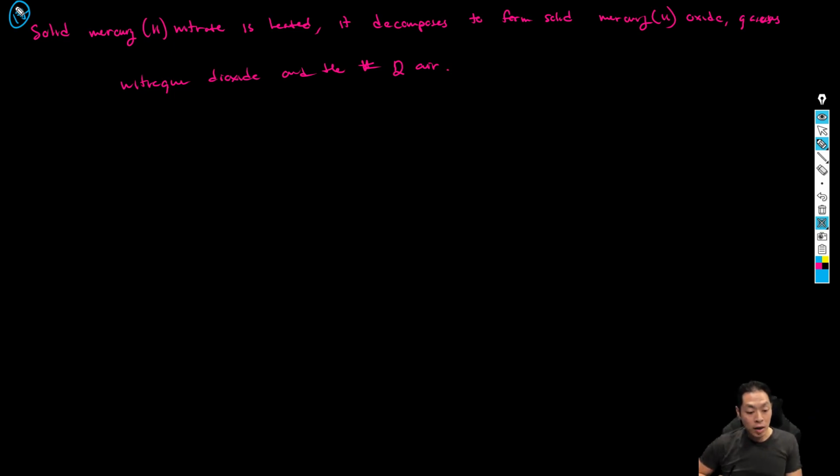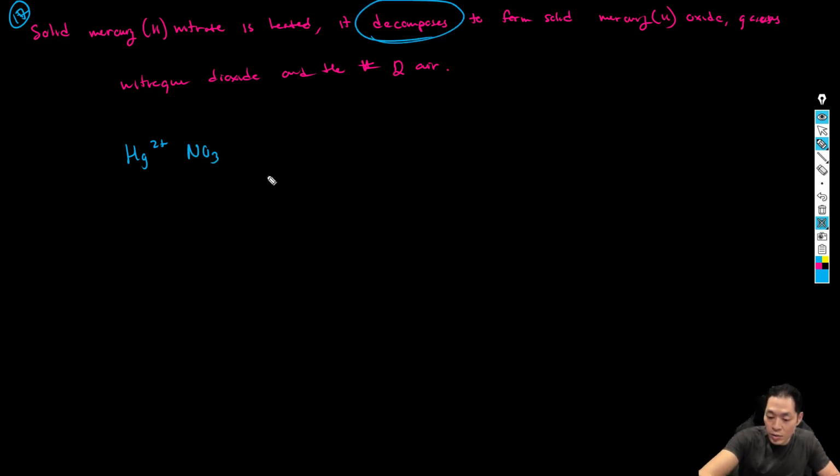All right. We have mercury(I) nitrate, Hg2 2+, nitrate, which is NO3. It's heated, it decomposes, so that is my arrow sign. And it's going to form solid mercury(II) oxide, so that's Hg, and it's still 2 plus, oxide, O. The gas nitrogen dioxide, which is NO2, dioxide meaning 2 O's.